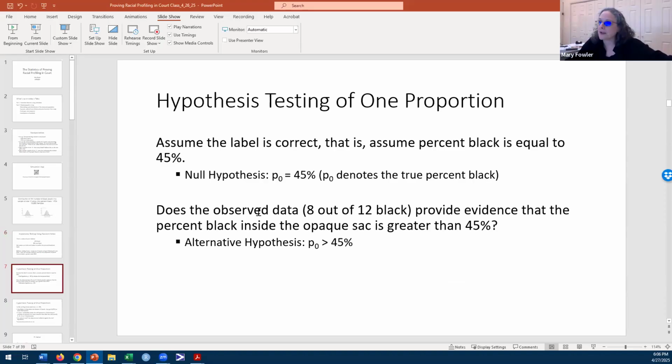So here's how we set up the hypothesis test. The null hypothesis is that the proportion is 45%, and the alternative hypothesis is that the proportion is greater than 45%.